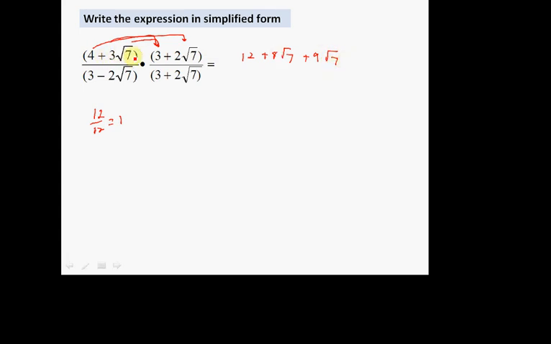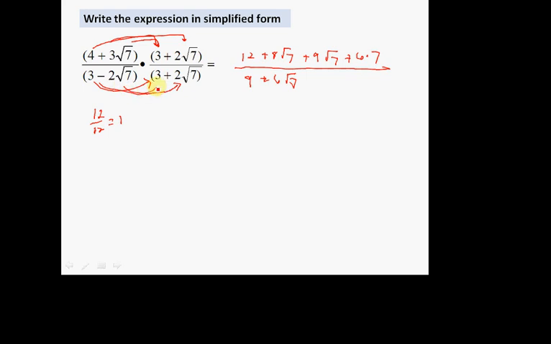Then 3 times the square root of 7 times 2 times the square root of 7: 3 times 2 is 6, and the square root of 7 times the square root of 7 is just 7. Okay, I know my writing is not the best, but we'll make do. 3 times 3 is 9. 3 times 2 times the square root of 7 is plus 6 times the square root of 7.